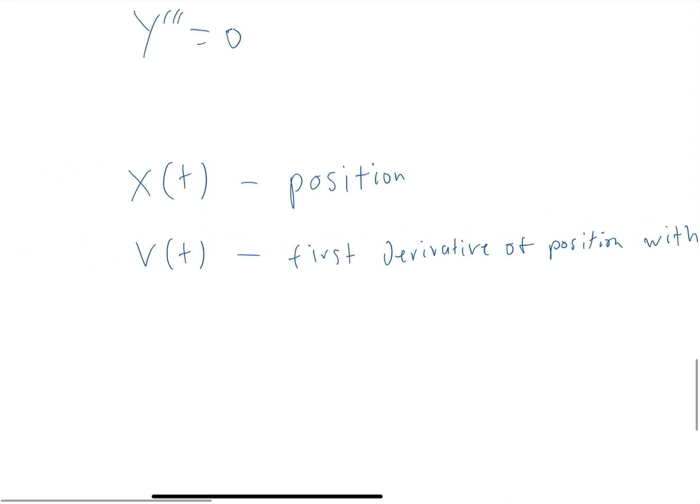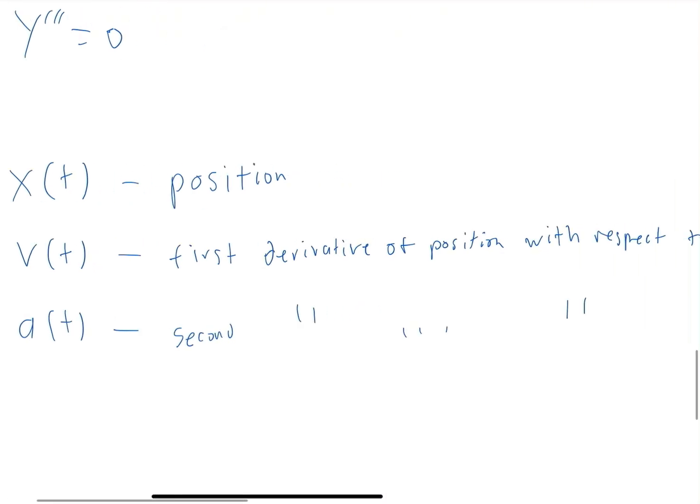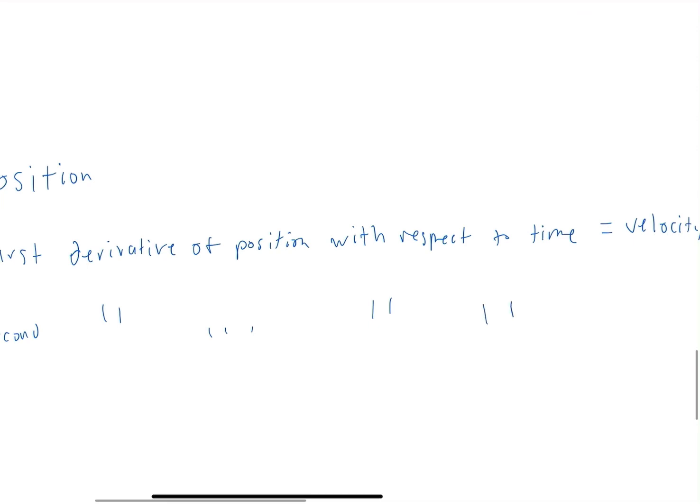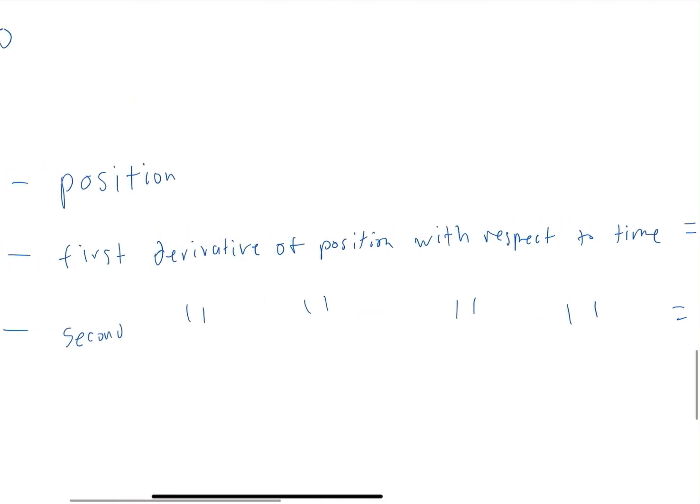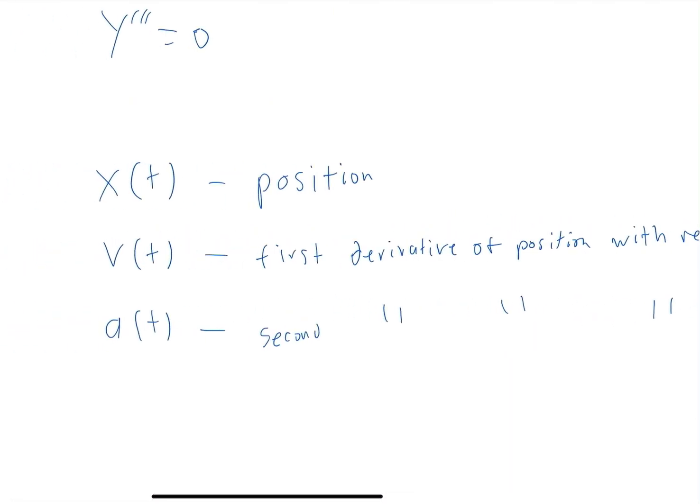And then if you do the second derivative of position, or the first derivative of velocity, you get a of t, which is acceleration. So the second derivative of position with respect to time is equal to acceleration, or the first derivative of velocity. And those are the basic things that you would need for physics right there.